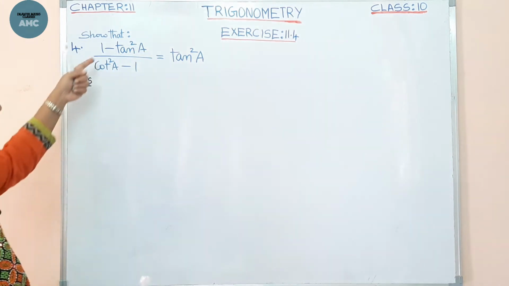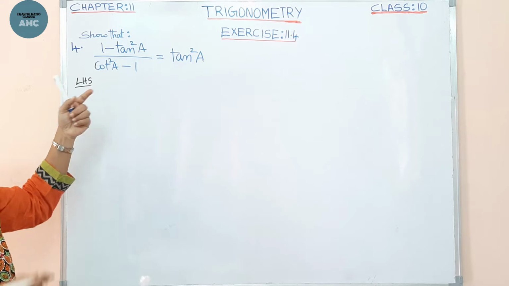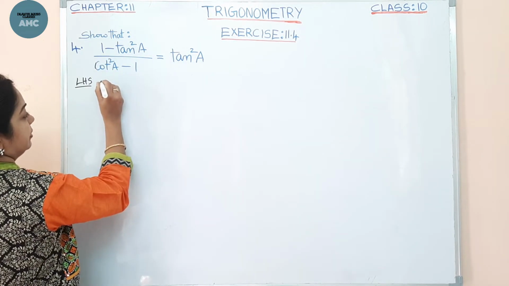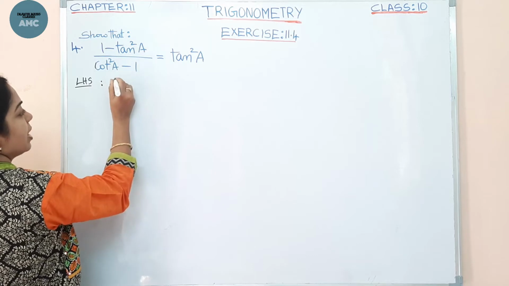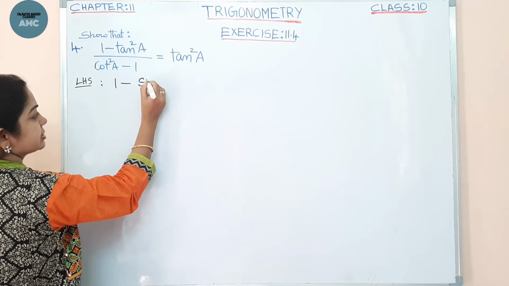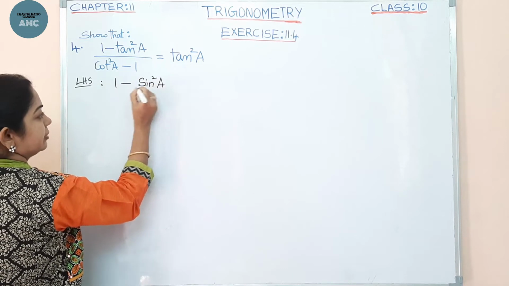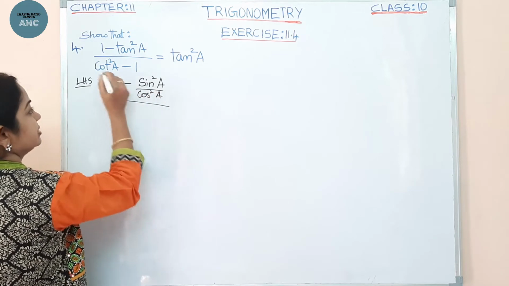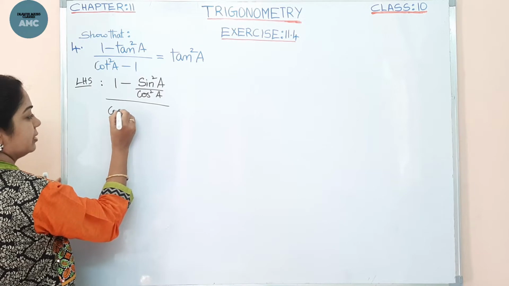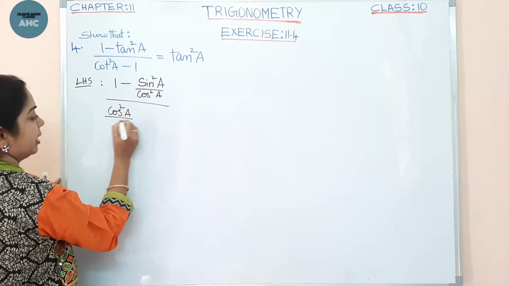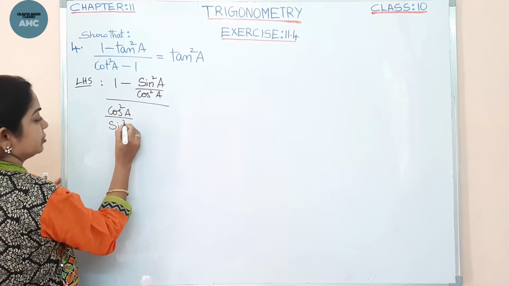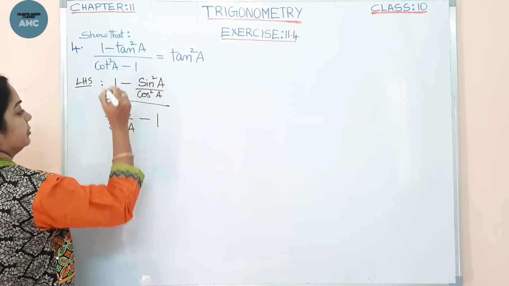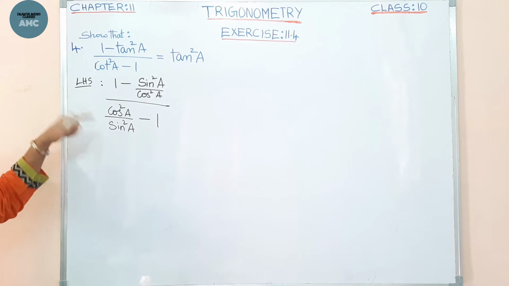Now, we will change this tan and cot into sine and cos functions, right? Now, that is the ratio: 1 minus, I can write it as sine square A by cos square A, isn't it? Now, in a similar way, cot square A is nothing but cos square A by sine square A, the ratio of the trigonometric ratios.